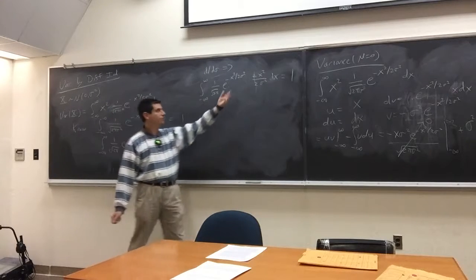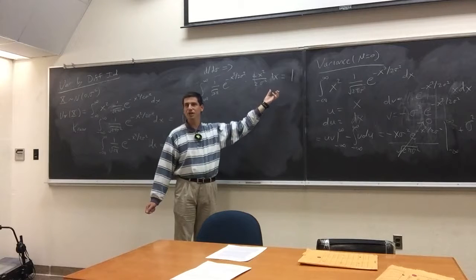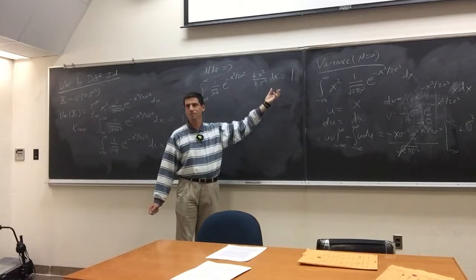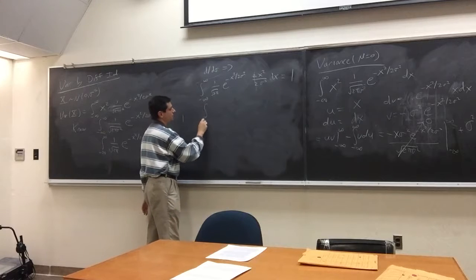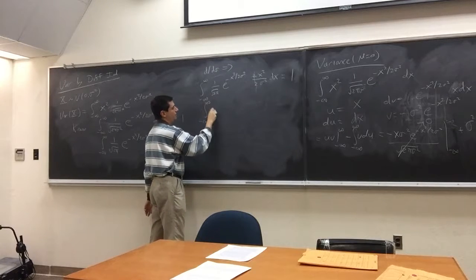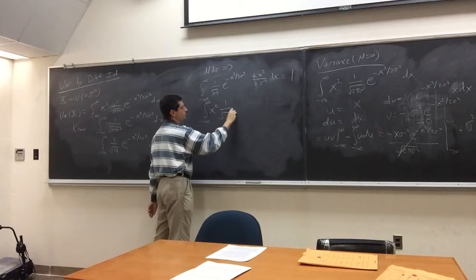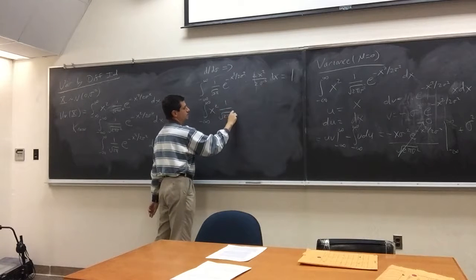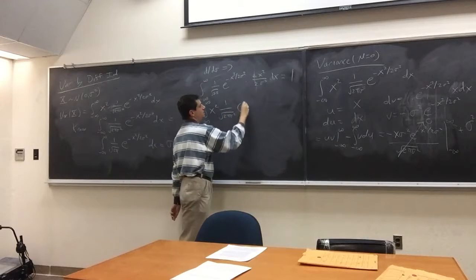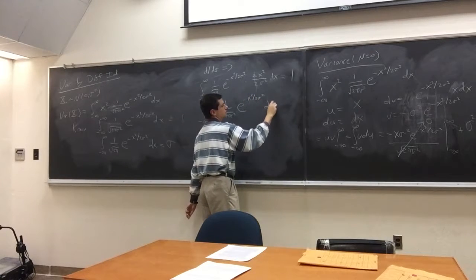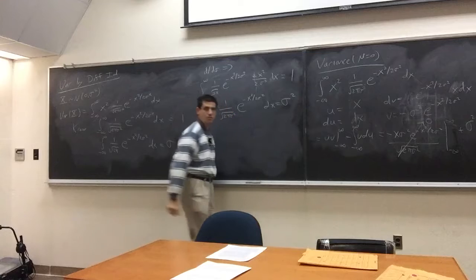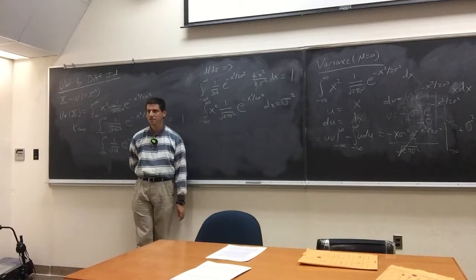And then we'll have an extra 1 over sigma squared. What do we do with that extra 1 over sigma squared? Move it over. And so this gives us the integral from minus infinity to infinity of x squared times 1 over the square root of 2 pi sigma squared e to the negative x squared over 2 sigma squared dx equals sigma squared. And here's the answer.